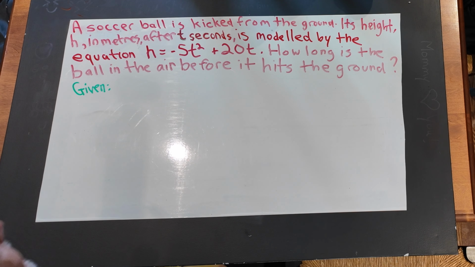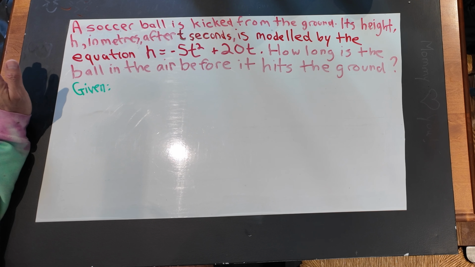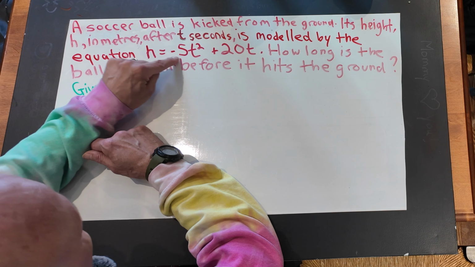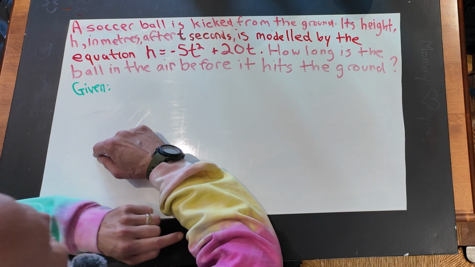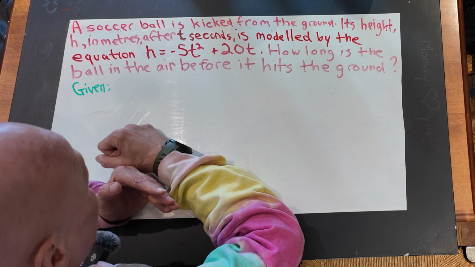and problem solved. All right, let's dig into this problem. Now, this is a typical problem. It involves a quadratic equation, which I know is really daunting in terms of a term, but it just means this, okay? A quadratic equation has a second order function, which is also fancy.